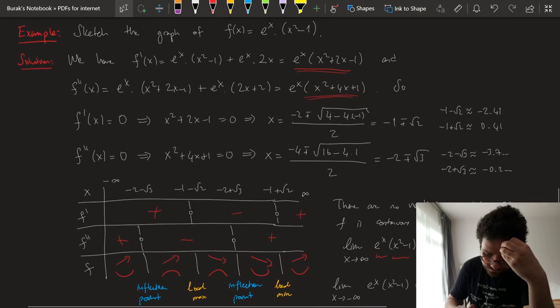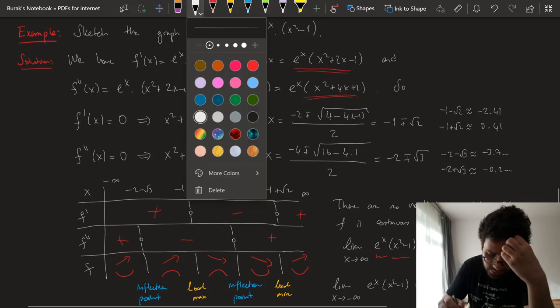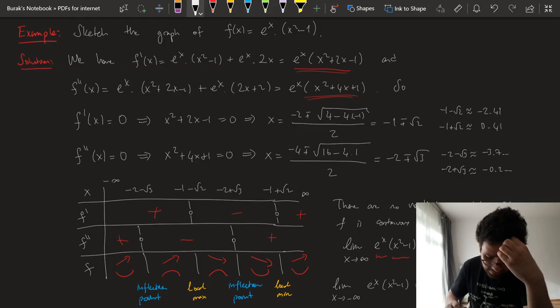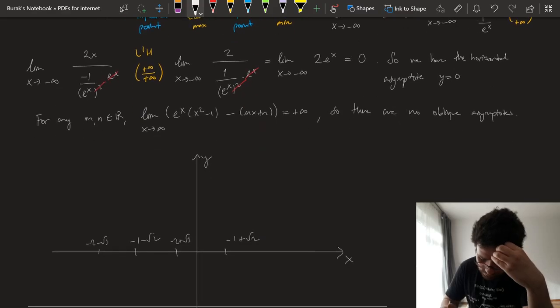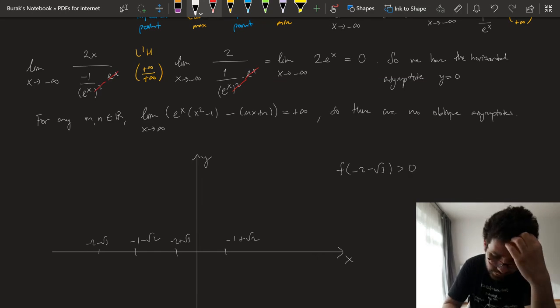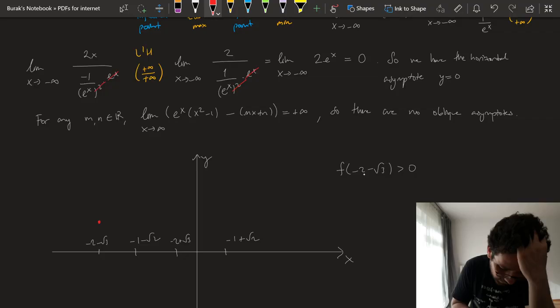It's going to be terrible anyway. What's the value of this function at minus 2 minus root 3? It's going to be positive, so it's going to start somewhere over here.